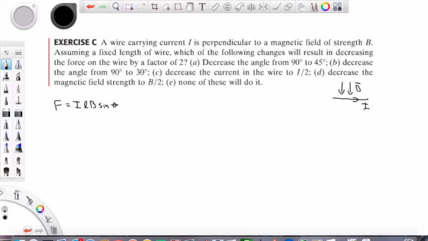So sine of 30 is half, so yes, that is true. What if we decrease the current in the wire from I to I over 2, so we halve the current, so yes, that will halve the force as well. And what about decreasing the magnetic field strength to B over 2? Well, yeah, that does the same thing. So B, C, and D.